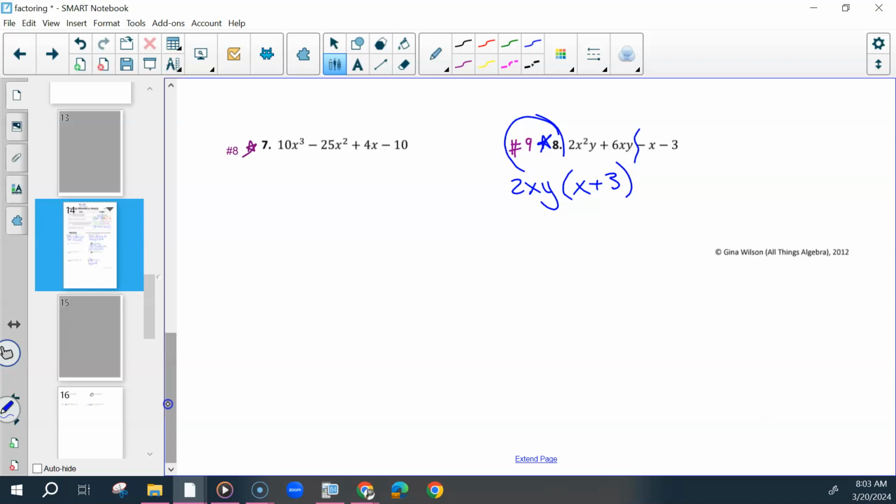If you can't divide anything, you could always divide out a 1, and in this case, it's going to be a negative 1. x plus 3, because you're dividing out the negative. The signs would change. So then what would your final two factors be? 2xy minus 1 in parentheses and then x plus 3 in parentheses.